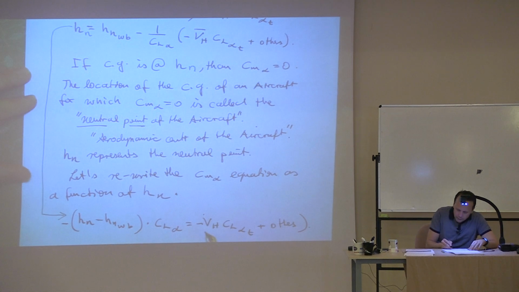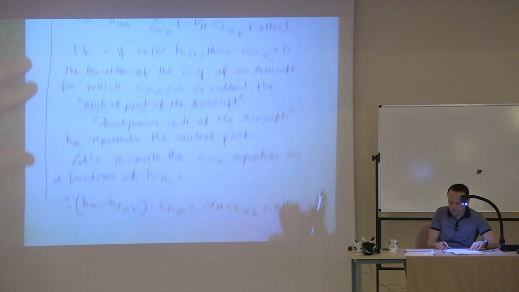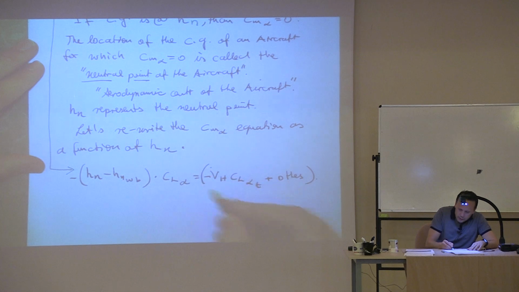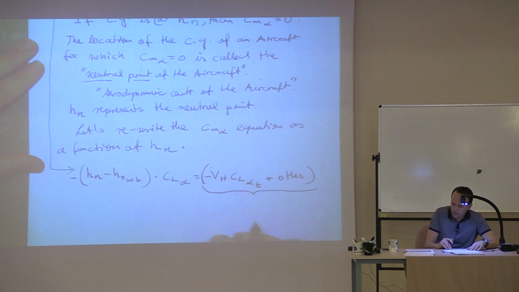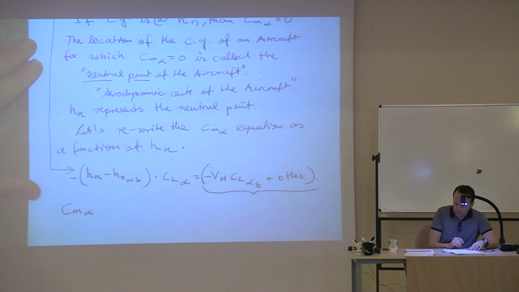So I'm going to take this part. Okay, so I just rewrote this equation. So I'm just going to take this part and plug it into my Cm alpha equation. Cm alpha is here.